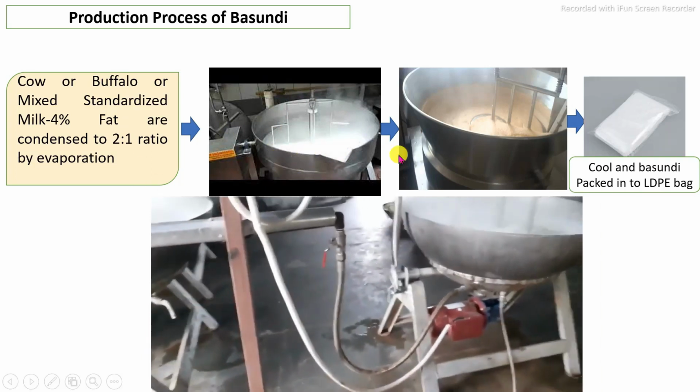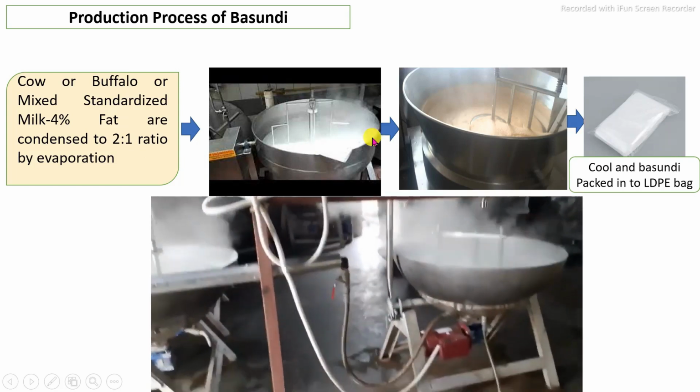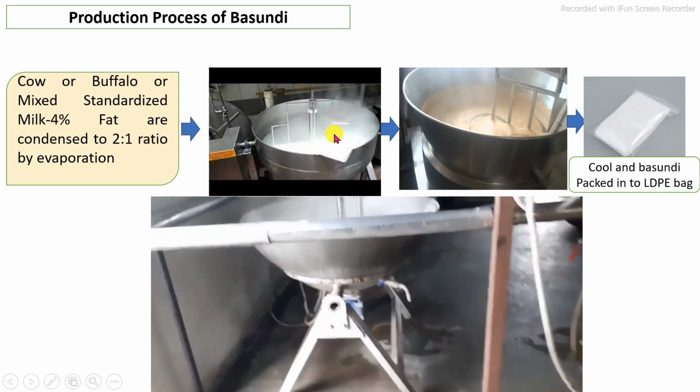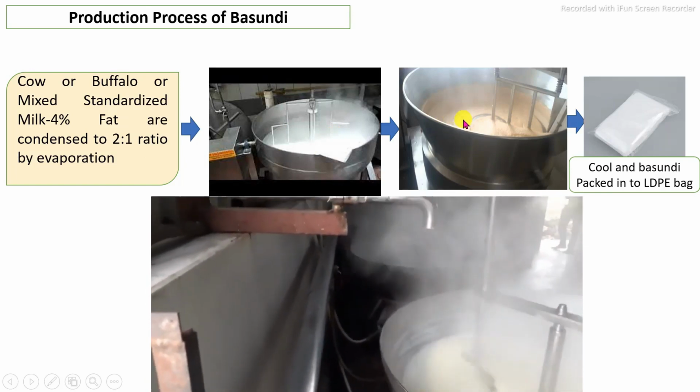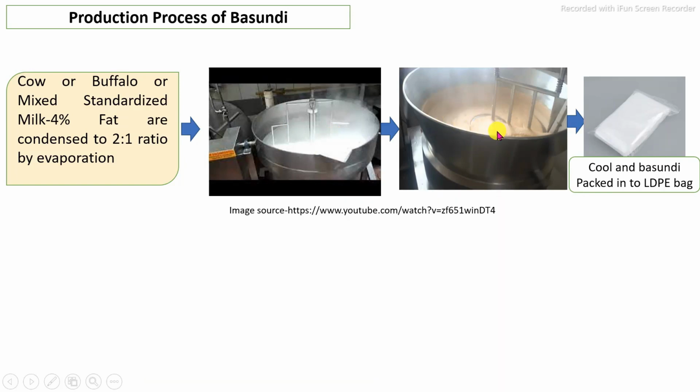Milk is taken in these khawa making machines, heated and continuously agitated until the milk is reduced in a 2:1 ratio, and after that heating is stopped. Finally it is properly cooled and packed into packaging material, that is, low density polyethylene bags.